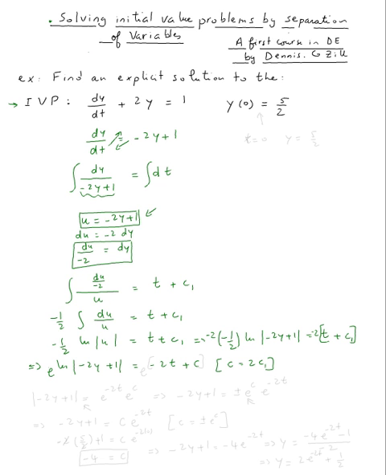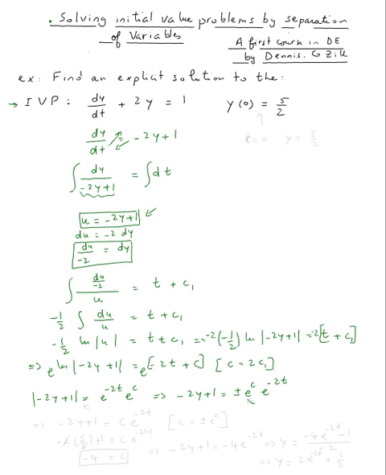We get absolute value of negative 2y plus 1 is equal to e to the negative 2t times e to the c, which means negative 2y plus 1 is equal to minus or plus e to the c, times e to the negative 2t.